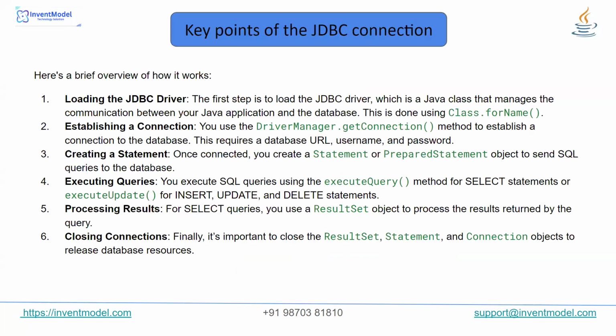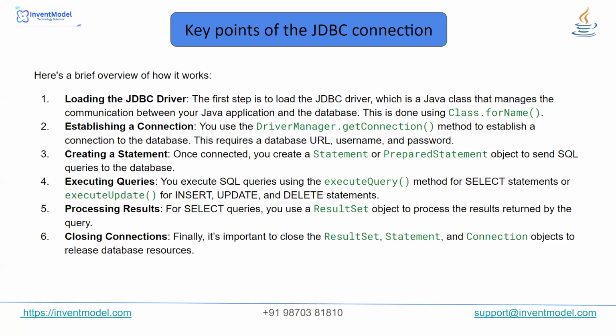Okay. So the key points of the JDBC connection. Here you can see the six main key points by which we can implement JDBC and establish the connection between the code and the database.